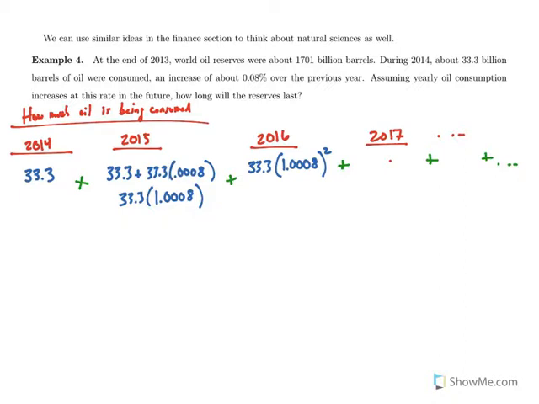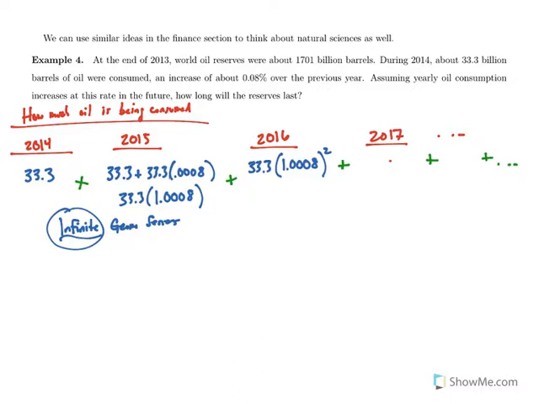So the total amount consumed is a geometric series. Sorry, not a finite geometric series, an infinite geometric series. Actually, it may be infinite, maybe finite. We're going to take a look at that in the next question in this example.